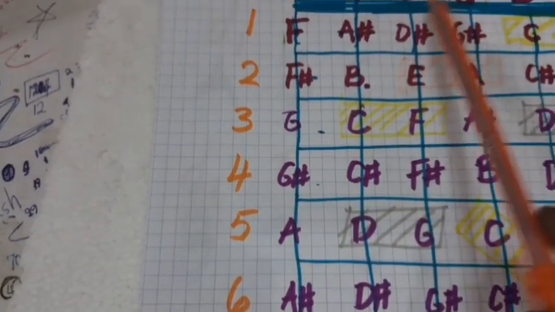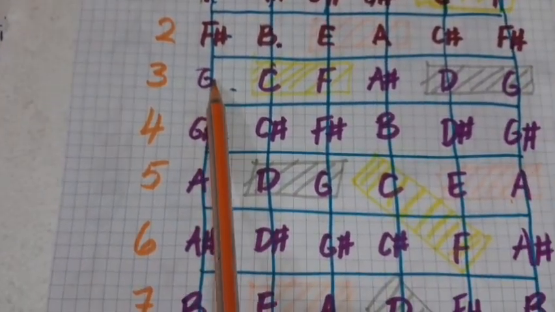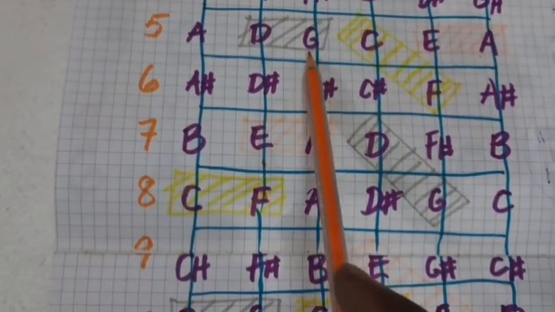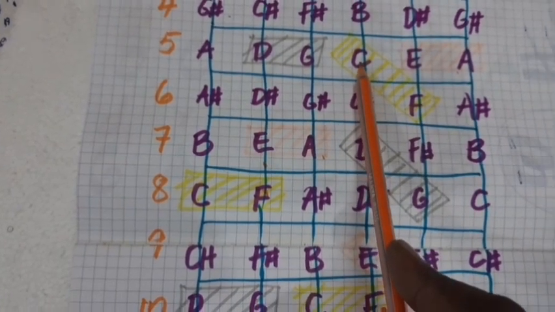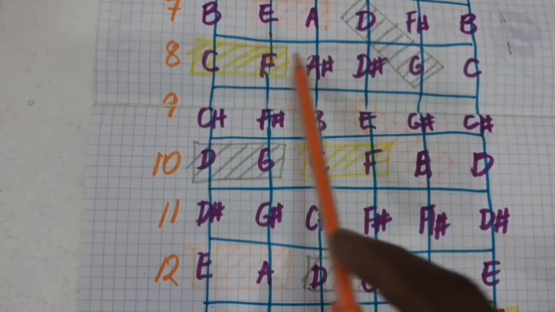So that's what you have here. You can look 3-3. Look here. G, C, F. Where's another G?